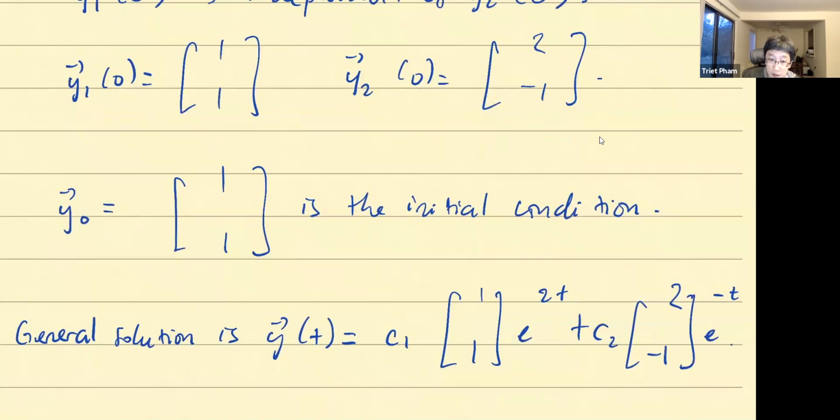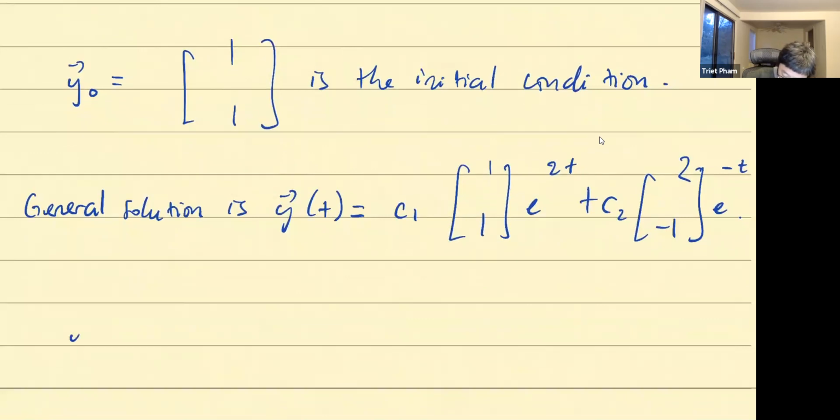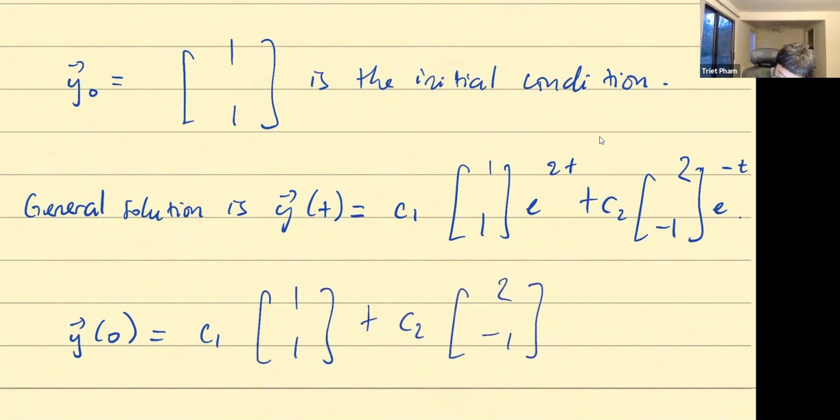That's the general solution. Now, if I plug in 0, I get C1 times 1, 1, plus C2 times 2, minus 1, and that's supposed to be 1 and 1. Actually, I think this is too easy, so let me change it to 1 and 2.